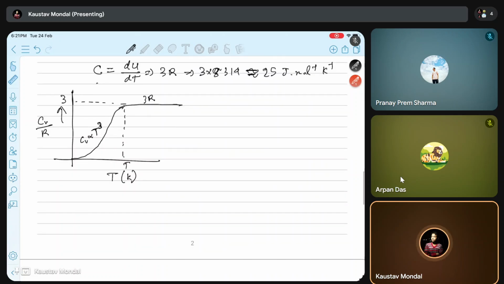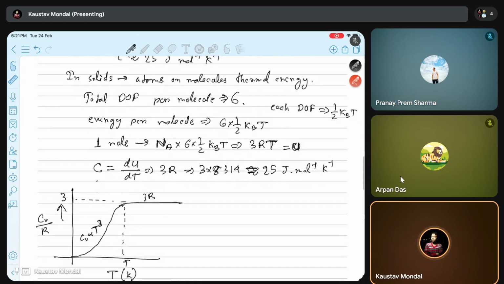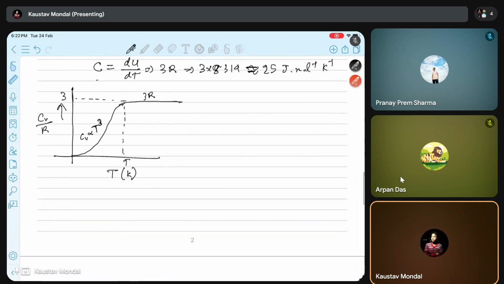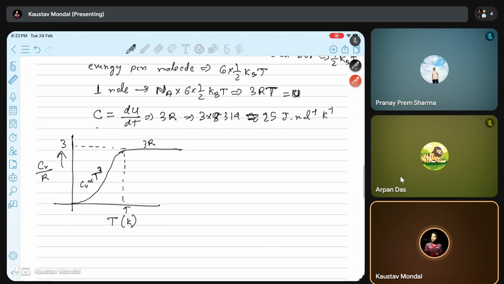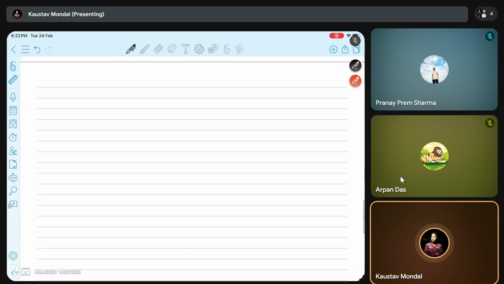But in the lower temperature regime, this CV follows that T to the power cube kind of a law, which is not explained by this Dulong-Petit rule.